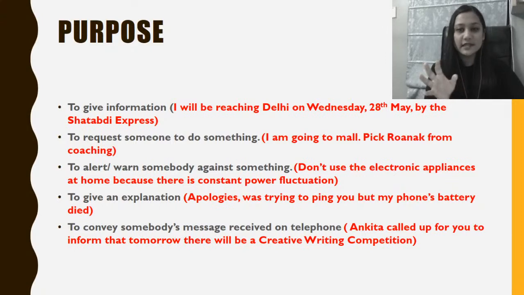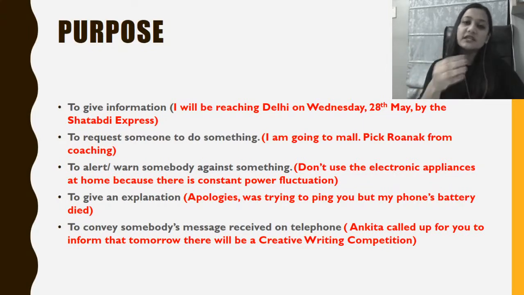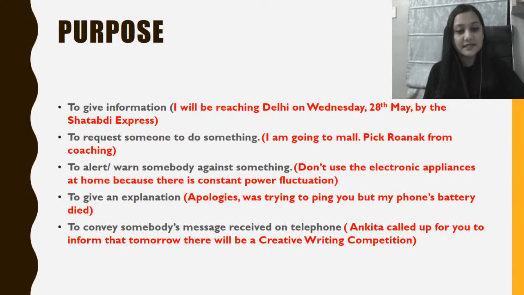Maybe that person wasn't at home, and because of which he or she doesn't know about the power fluctuation. So here you have, let's say, displayed this message on the center table of your drawing room, or maybe on the refrigerator, so that it is visible to the concerned person. That is the only objective of writing a message.